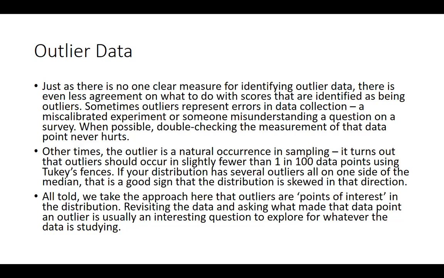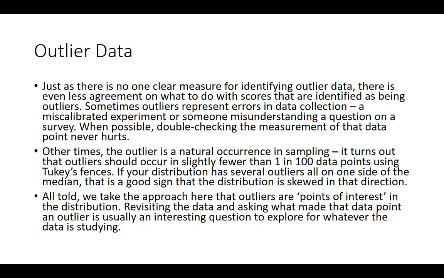Other times, the outlier is a natural occurrence in sampling. It turns out that outliers should occur in slightly fewer than 1 in 100 data points using Tukey's fences. If your distribution has several outliers, all on one side of the median, that is a good sign that the distribution is skewed in that direction.